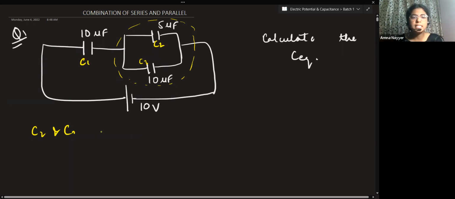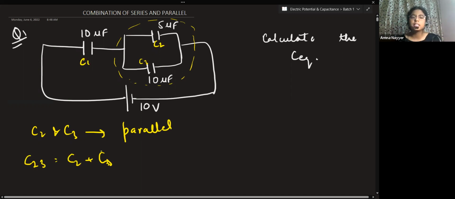C2 and C3 are connected in parallel. So C23 will be C2 plus C3. That's how you calculate for parallel. C2 is 5, C3 is 10, that gives you 15 microfarad.